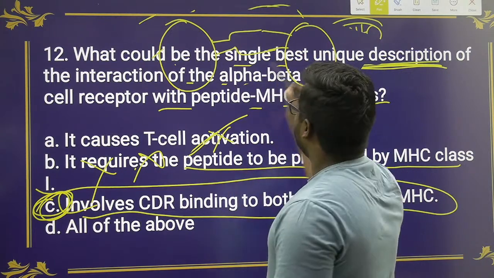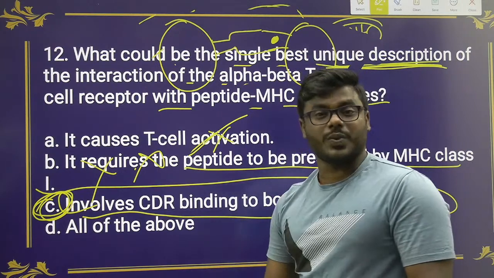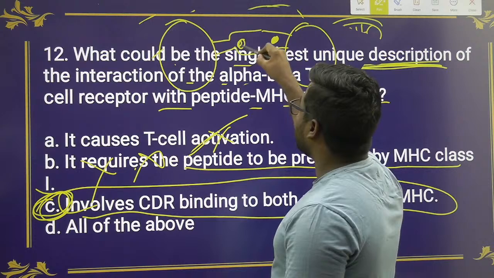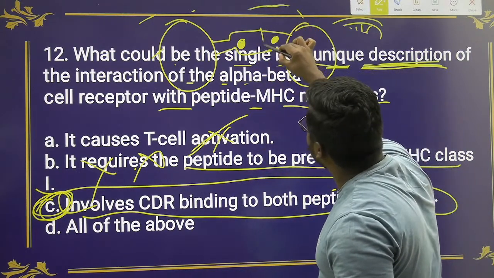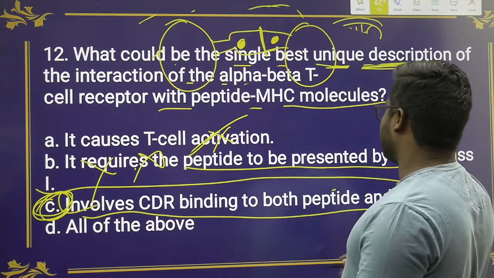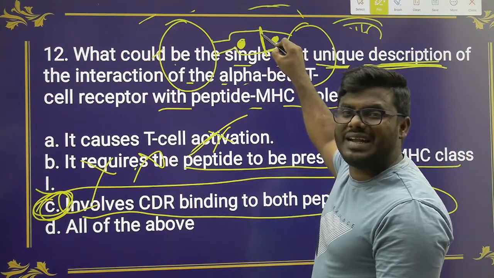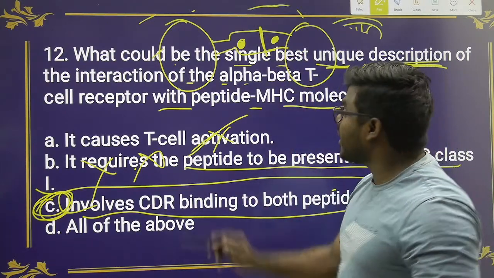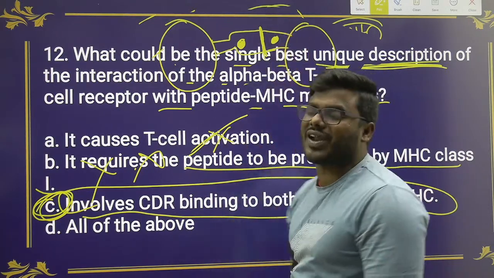You can understand that antigen is present, and that is taken by this particular cell. You are able to see there is an interaction. This interaction we can call a CDR binding interaction. I am not saying that they bind to the CDR. It is called a CDR binding interaction.